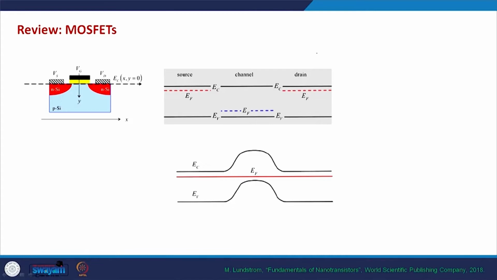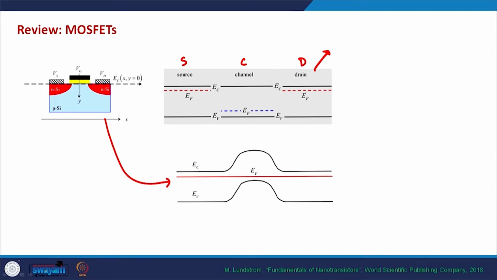These are the band diagrams of the source region, the channel region and the drain region, assuming that they are not connected with each other. In an actual MOSFET where the source, the channel and the drain are connected, this is how it looks.